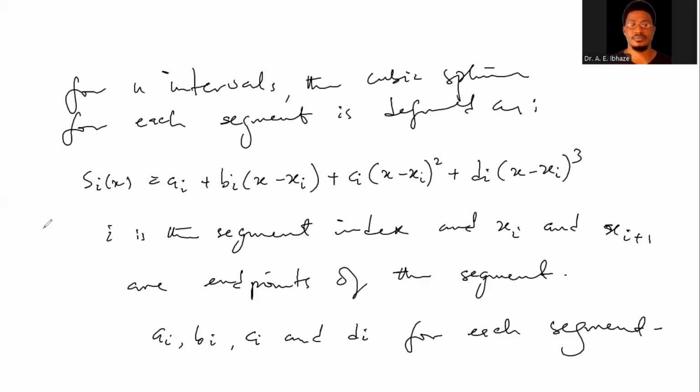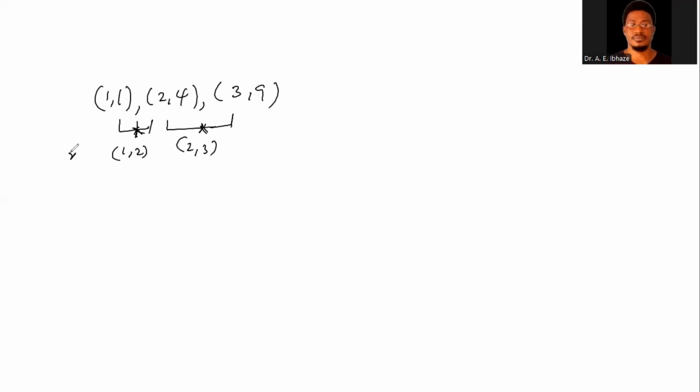Good. Now, if we recall the data points, that's 1, 1, 2, 4, and then 3, 9. Here we have two intervals, okay? Between 1 and 2, and then also between 2 and 3, right? Between 1 and 2, and between 2 and 3 for x sub i.